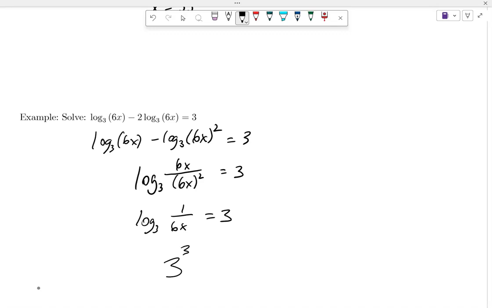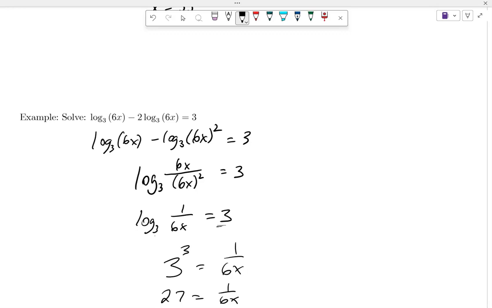Okay. Yep. So the base is 3. The exponent is 3. And that equals 1 over 6x. Three cubed is 27. So now we have 27 equals 1 over 6x.